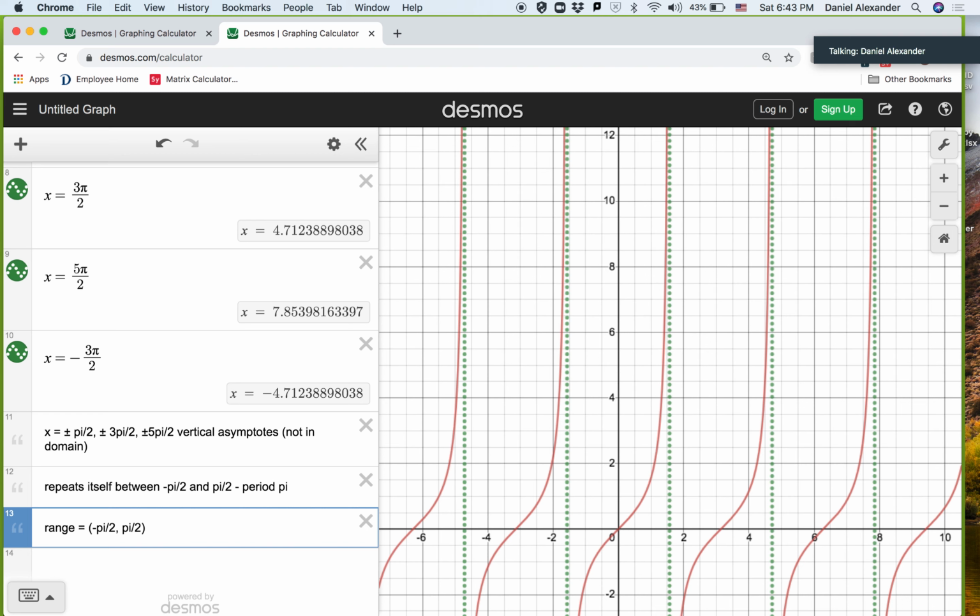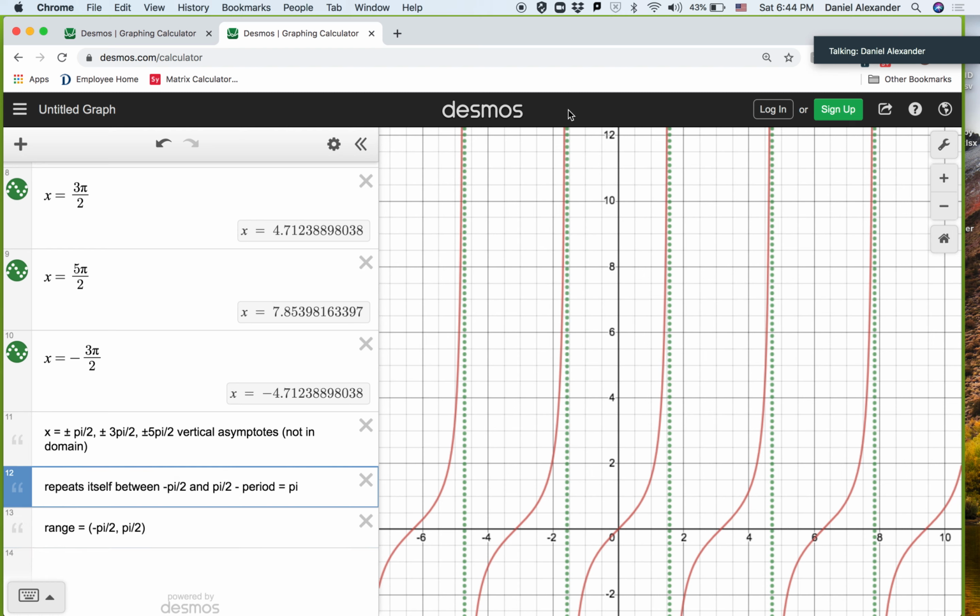Now I'm going to summarize this stuff. The point of all this was just to get an understanding of the tangent graph. It's really weird. The tangent graph repeats itself every pi units. It's got one cycle between minus pi over 2 and pi over 2, another between pi over 2 and 3 pi over 2, another between 3 pi over 2 and 5 pi over 2, and the same over here. So its period is pi.